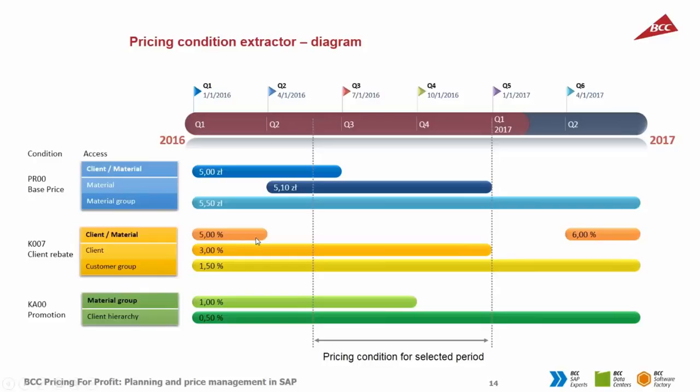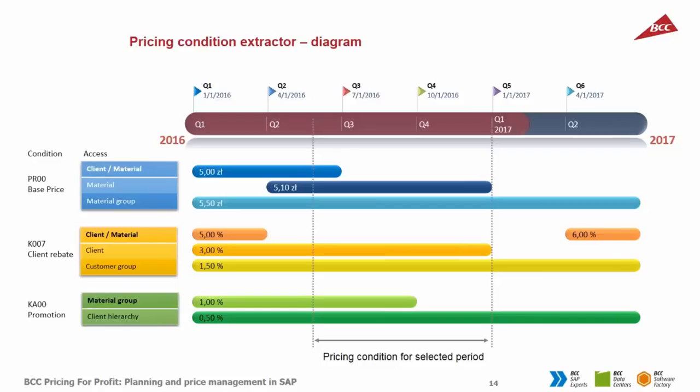So we have 5% in the first quarter, 6% in the second quarter of 2017, the value of 3% on customer access key, and 150% for the access for customer group.